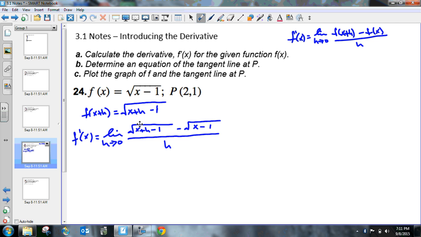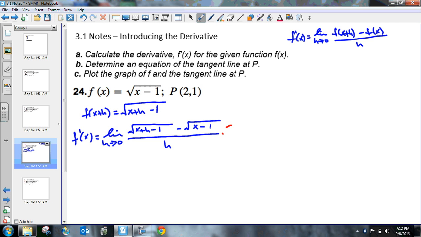So when I have a square root function, I want to manipulate this to a point where I get rid of h in my denominator, okay? And that's easier said than done. But let's do what we can do given square roots in our numerator. What I'm going to do is multiply by the conjugate of our numerator.